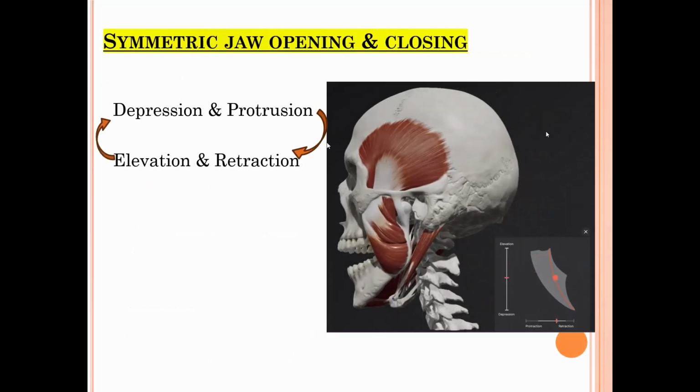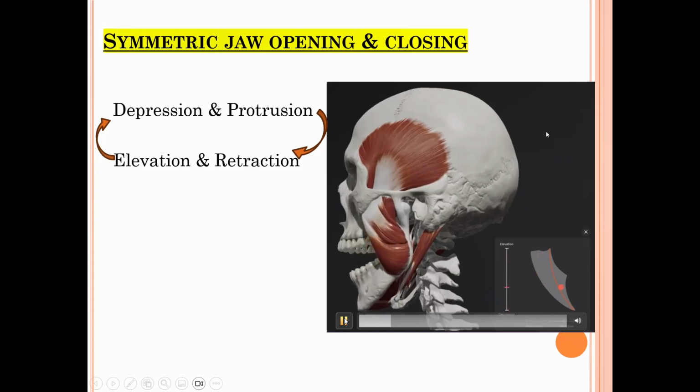Okay, now the symmetric jaw opening and closing. Here it happens in a particular sequence. First there will be depression, then protrusion, then retraction, then elevation. That means all the muscles are acting in sequence, and then you will see the movement.